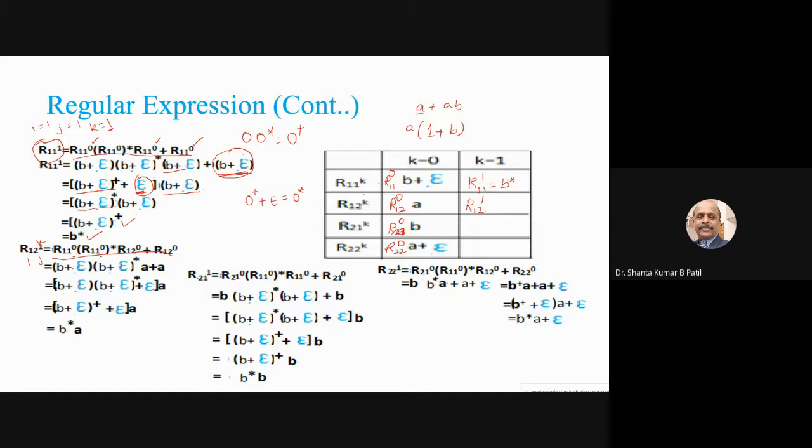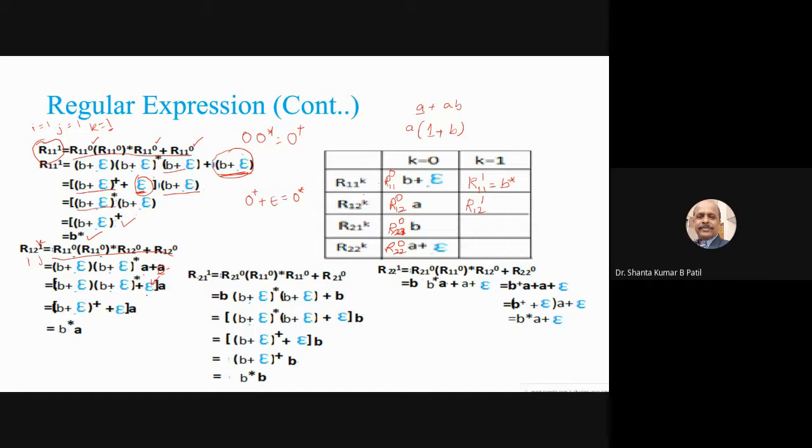Again R11 power 0, b plus epsilon star, a. So you can replace it by b plus epsilon. So this is the b plus epsilon, and you can take the a common. So in place of this a, epsilon is going to come.